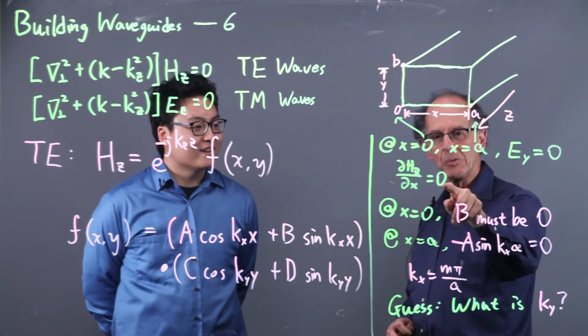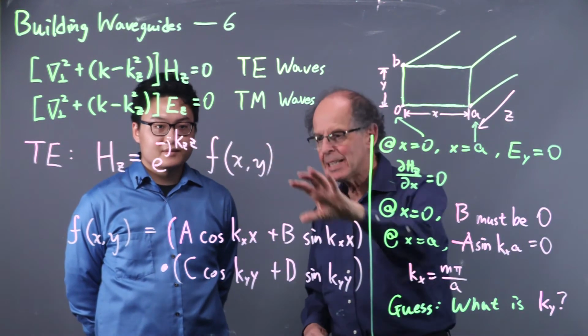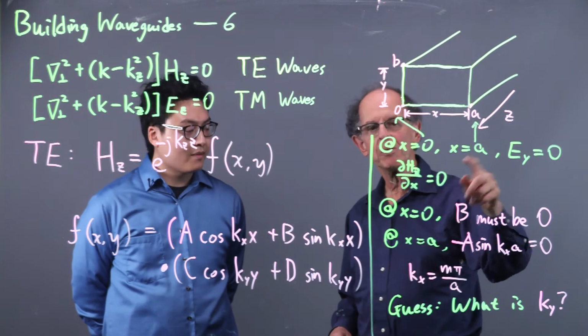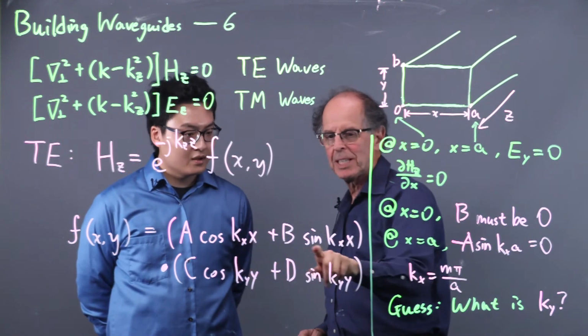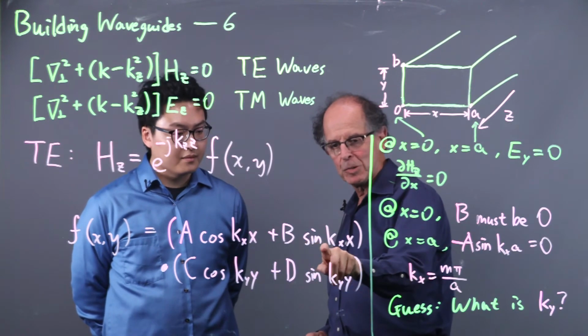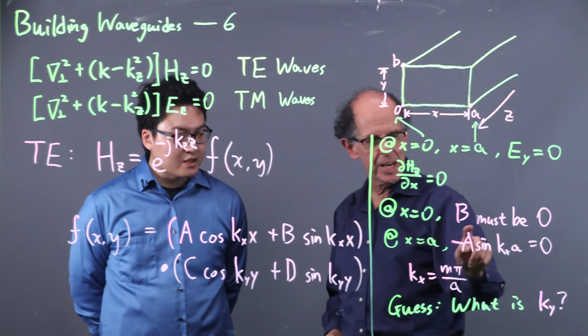So Ey is 0. We have to differentiate this and set E to be 0 because we know that it vanishes. So at x equals 0, when we differentiate this, we find that this becomes a cosine, and at x equals 0, that means B must vanish. Must be 0, yes.